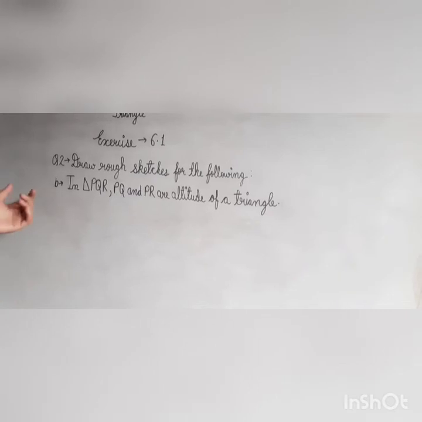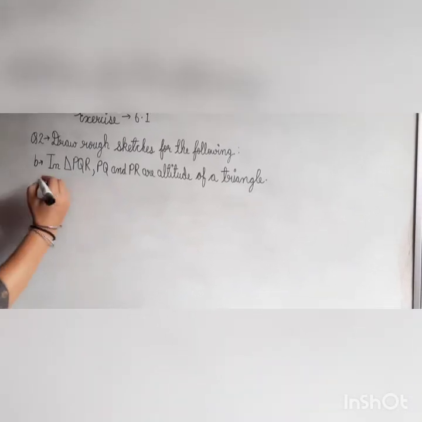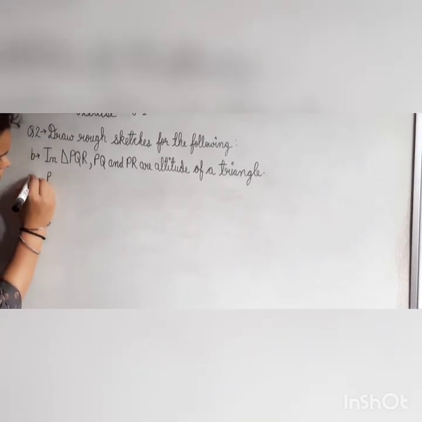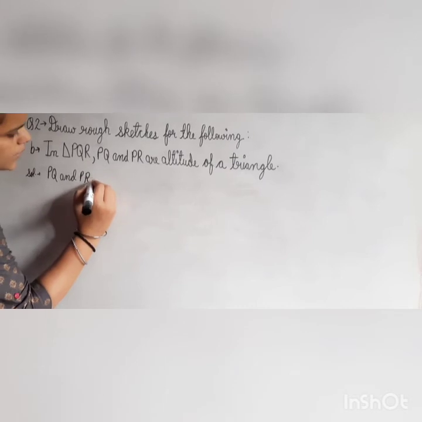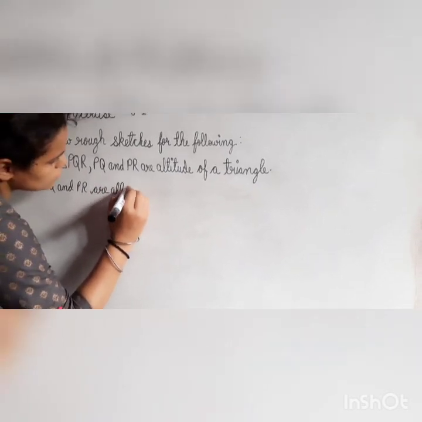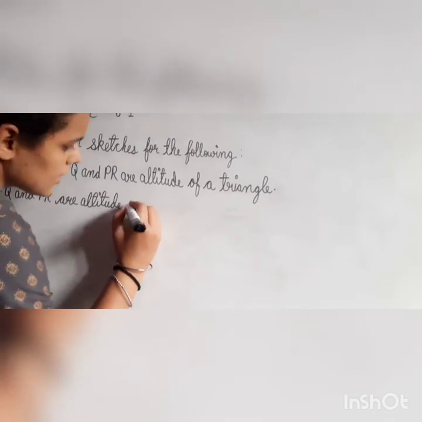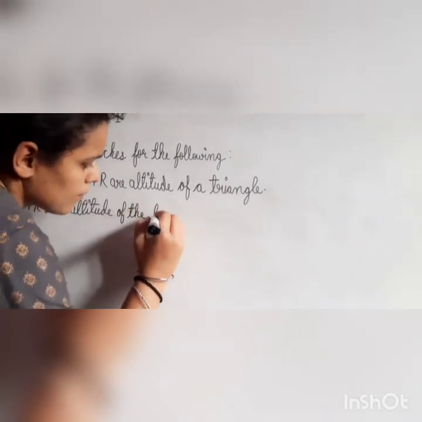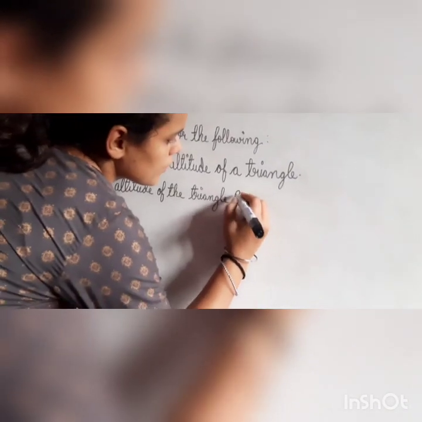Question number second B part is, in a triangle PQR, PQ and PR are altitudes of the triangle.